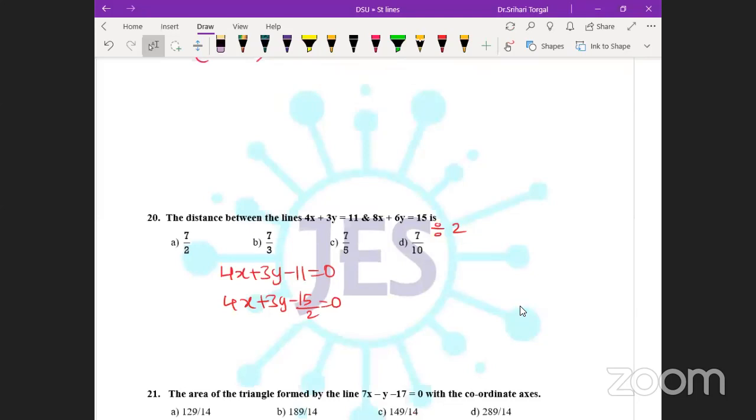Now you have to take the difference of the constants and divide by root of x coefficient square plus y coefficient square. This will give you the distance between the two parallel lines.